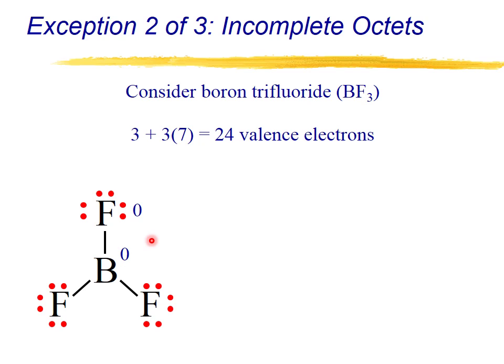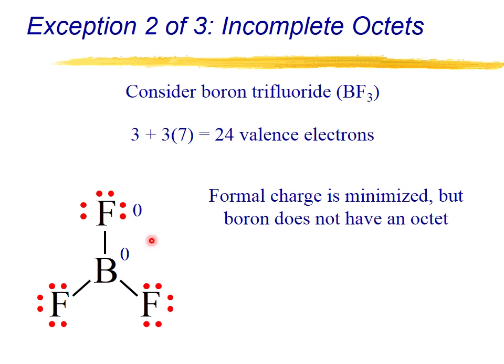So the octet rule is satisfied for fluorine. There's no formal charge anywhere, but boron does not have a full octet. The issue is that if you were to put an octet onto the boron, you would need to make one of the fluorine-boron bonds a double bond. That would give fluorine a positive formal charge, and that is one of the 2 things I told you to never, ever, ever do.